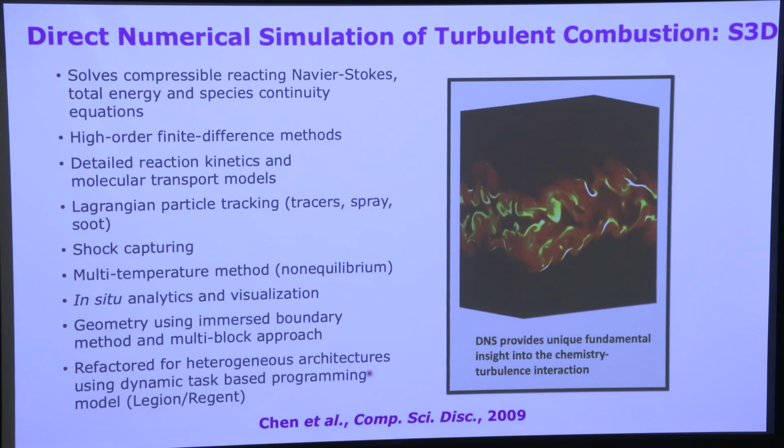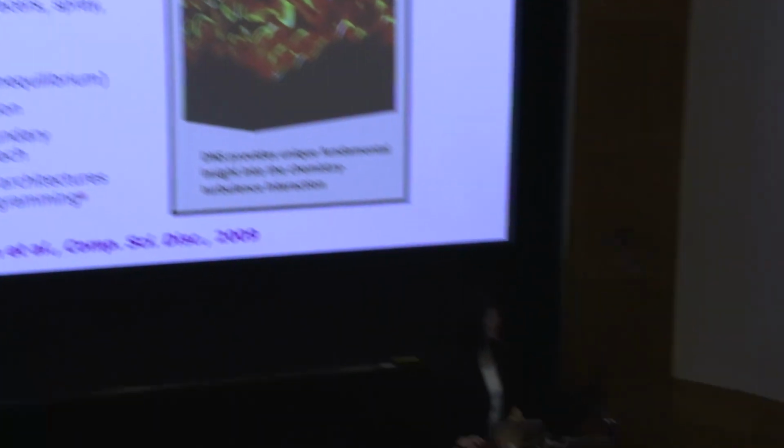We have also added, for dealing with very, very compressible flows like shocks and detonations, a higher order shock capturing method called WENO 7 that allows us to capture these highly discontinuous reacting fronts.